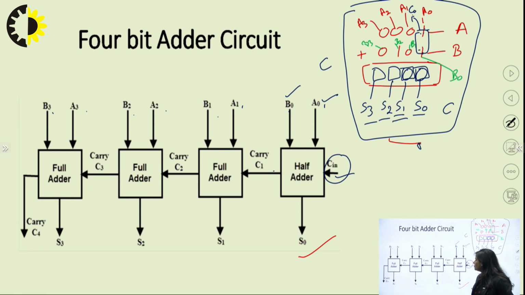Now what I have to do is apply some adders. For adders I have two choices, full adder and half adder. Here we are using the full adder mostly. Why?